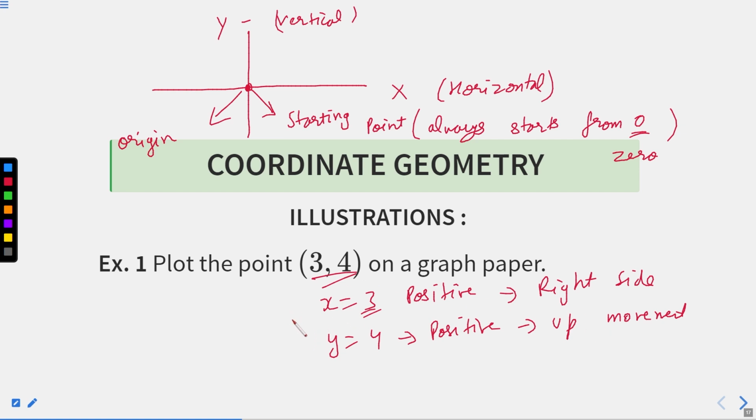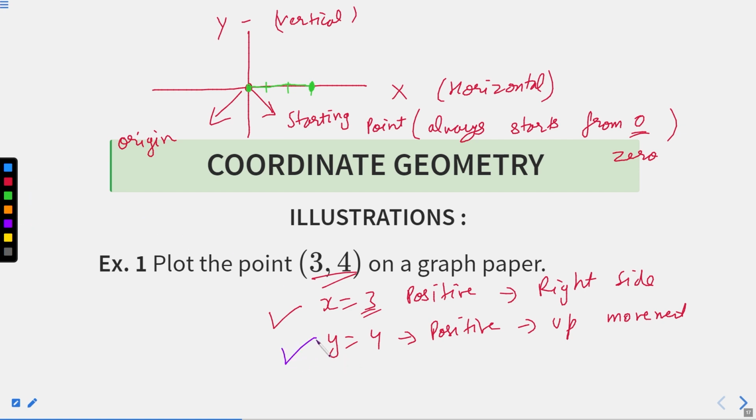Now first you choose whichever, x or y. Let me choose x first. I'm standing here. Now I have to move to the right side 3 points. So 1 point, 2 point, and 3 point. Now I'm standing here.